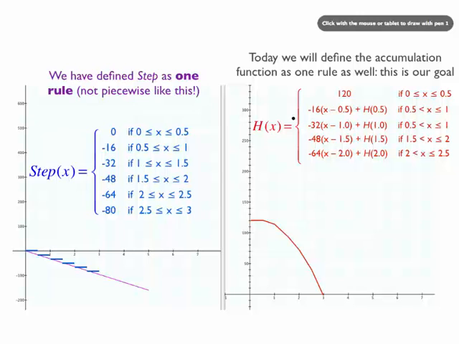Since we have constant rates, they result in linear pieces of the accumulation function. So we start with exact rate. We build an approximate rate based on constant rates, from which we get an approximate accumulation function, which is piecewise linear. It's pieces of lines.